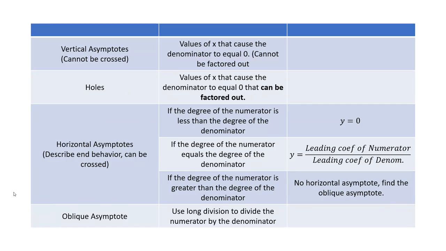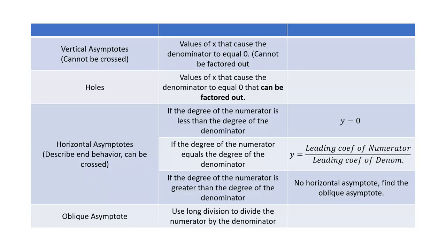Next, we just have this table that we can use to help us as we're working through identifying properties of a rational function. First, finding vertical asymptotes. These are the values of x that make the denominator equal 0. So we find these first by setting the denominator equal to 0 and solving for x.